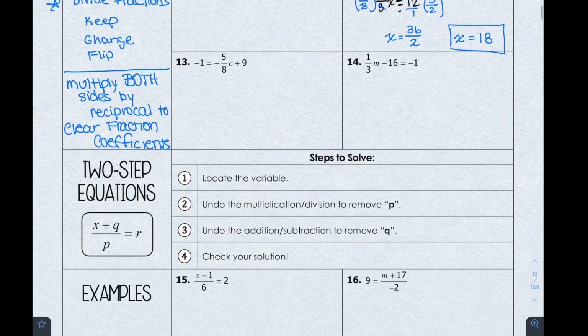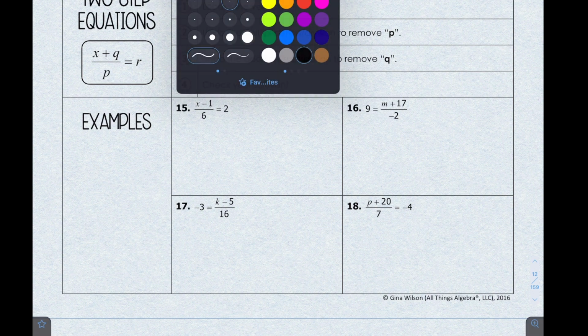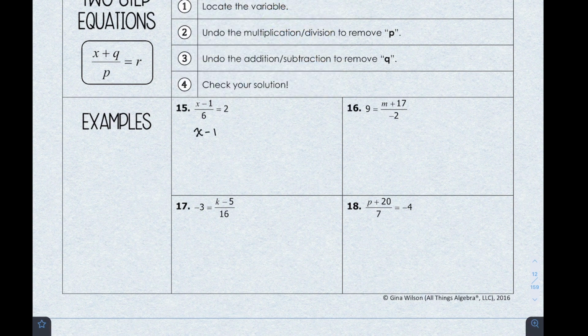So let's just touch on, it's still a two-step equation, except it looks a little different because they're kind of all grouped together. So there's two ways to solve this. I'm going to show you both ways. The first way allows you to do this anytime you have a proportion equation. What I can do is I can rewrite this equation as x minus 1 over 6 equals 2 over 1. I like this way. I think this way is easy. I cross multiply.